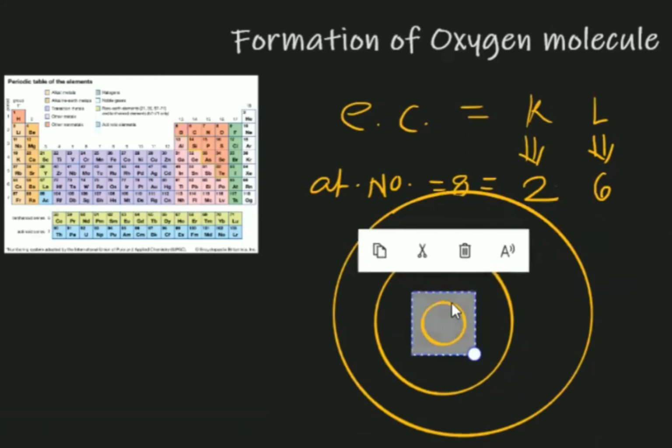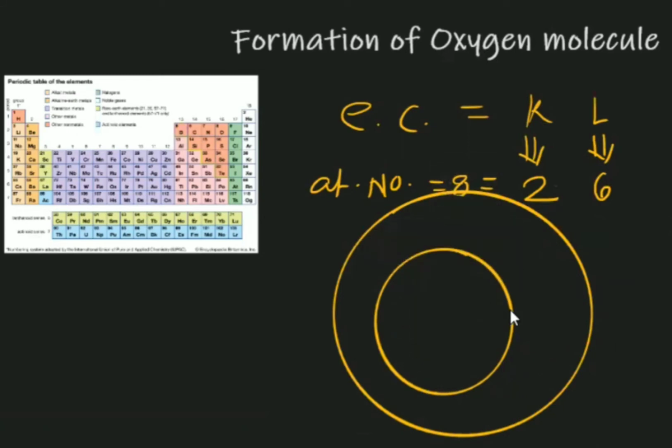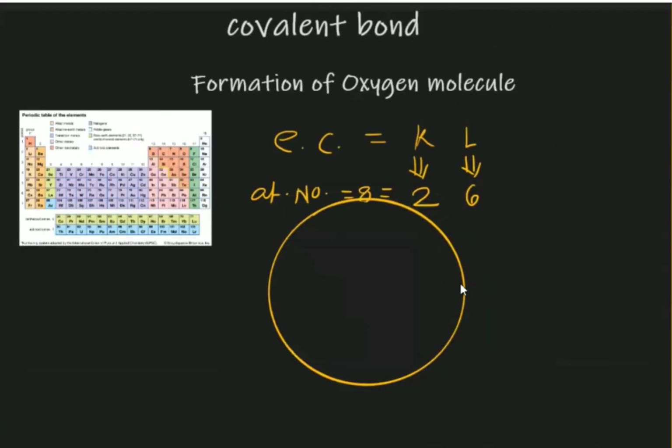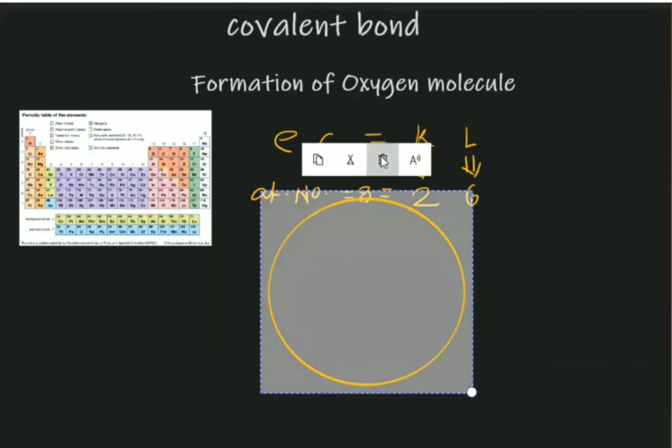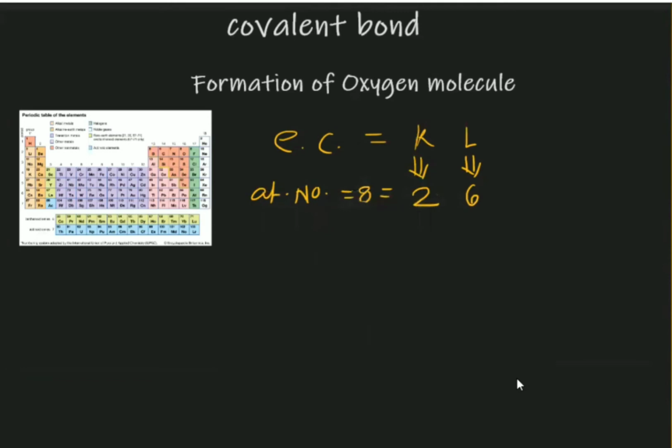As I said, the valency electrons are 6. Valency electrons means the number of electrons present in its outermost shell. As the valency electrons are 6, it needs 2 more electrons. So let's see how the structure looks before combination and after combination.